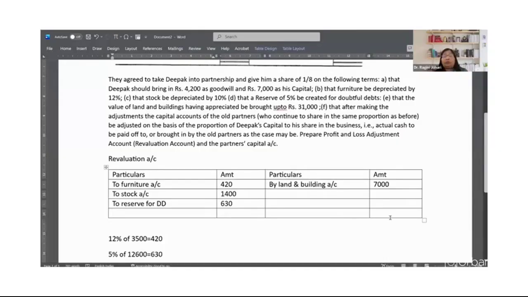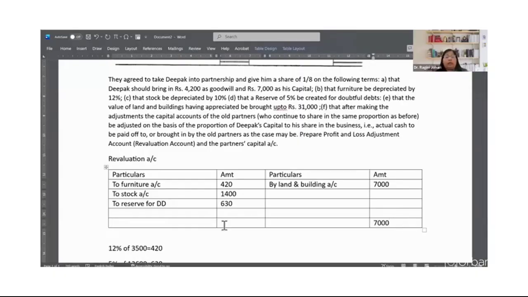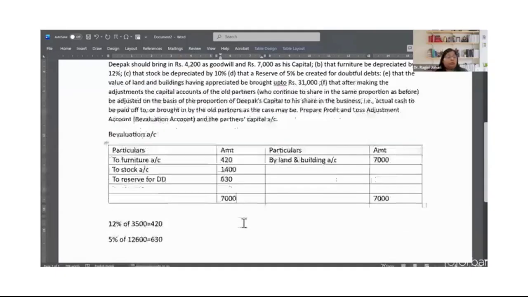Now we only need to balance the whole thing. So here we have 7,000, because this seems to be a higher figure. So let us see how much balancing figure we are getting. We have 420 plus 1,400 plus 630.